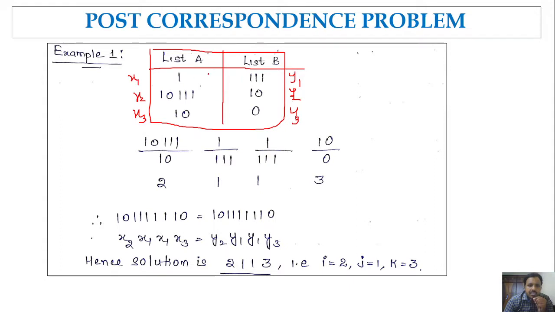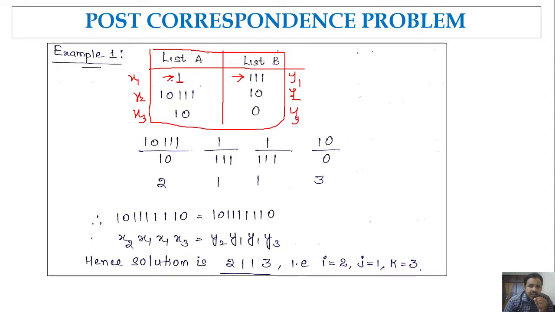Let me explain. First, if we select a particular index string in list A, then we must select that same index string from list B. That is one rule while finding the solution.